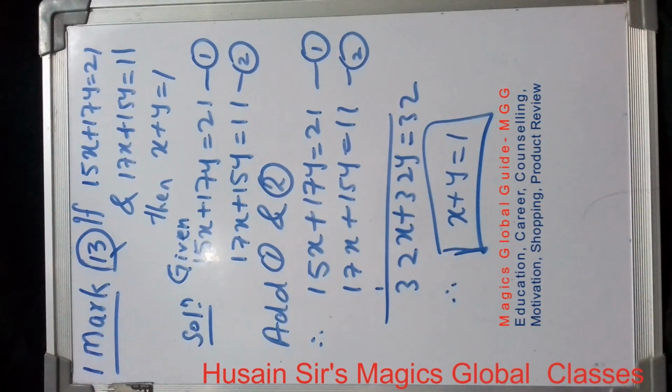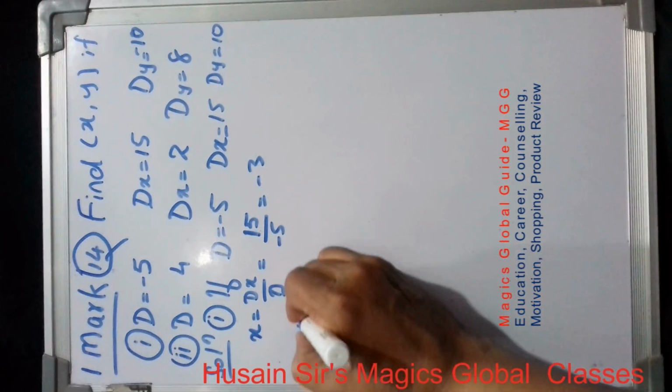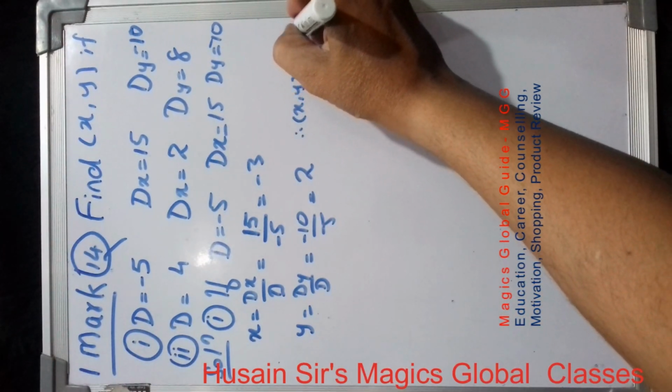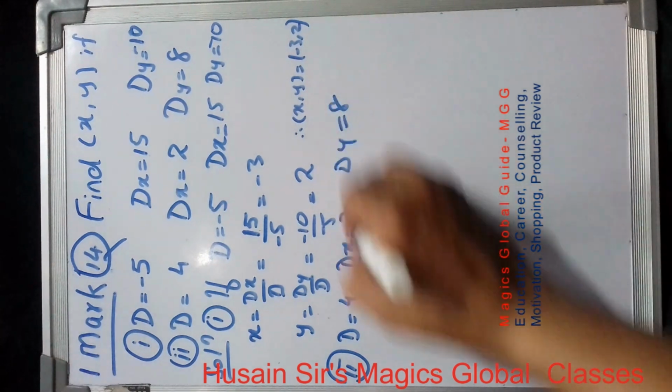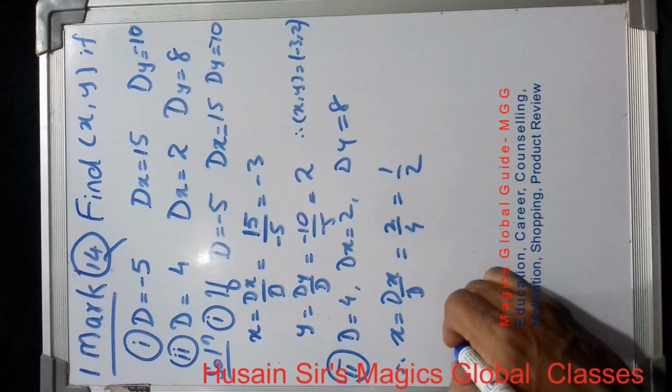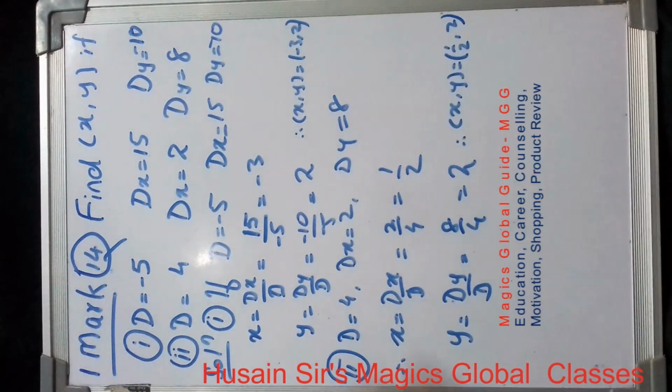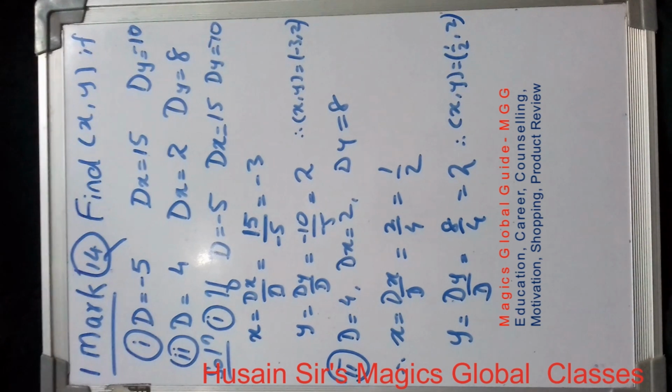Alright, now the next question is, we have to find x comma y for two cases.